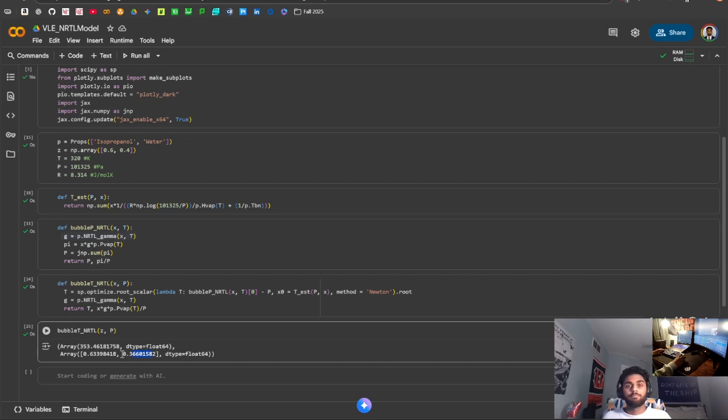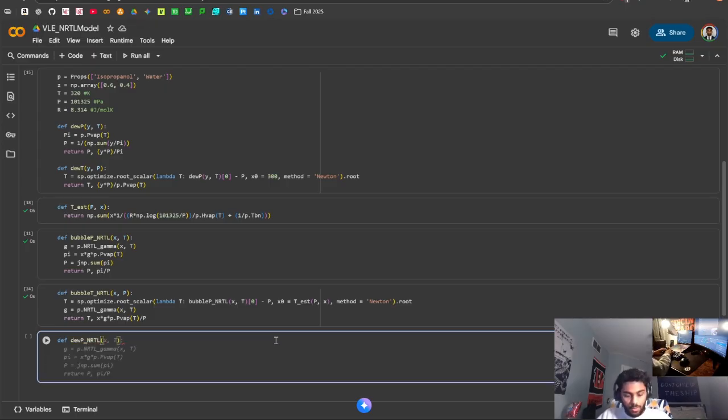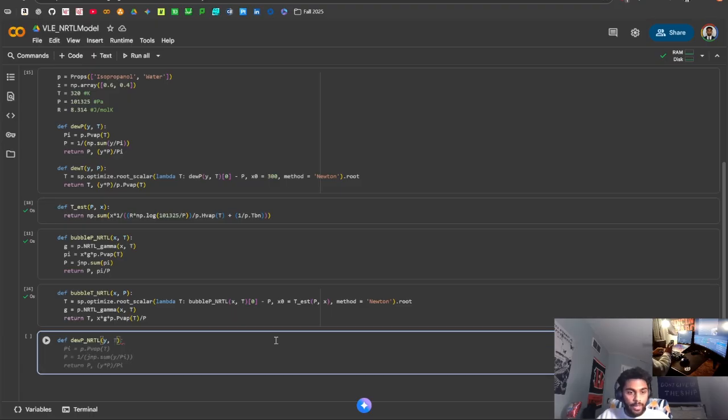We're going to approach the dew pressure and dew temperature in a bit of a different way than we had done it in a prior video. We're going to start off the same though. We're going to define a new function, and this is the NRTL, and we're still going to give it a Y, our vapor composition, and a temperature.